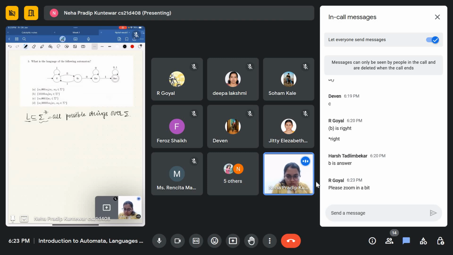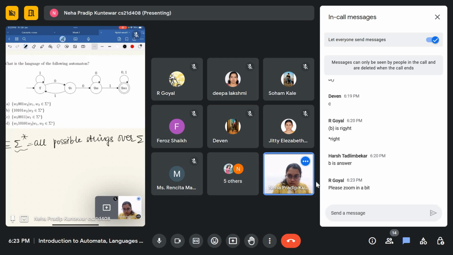So the question asks you to identify what is the language of the automaton. I'll zoom.